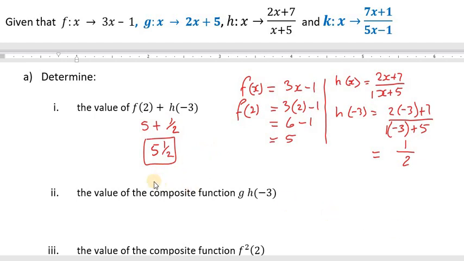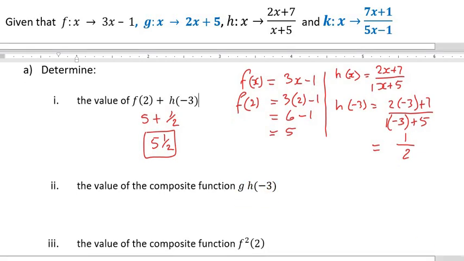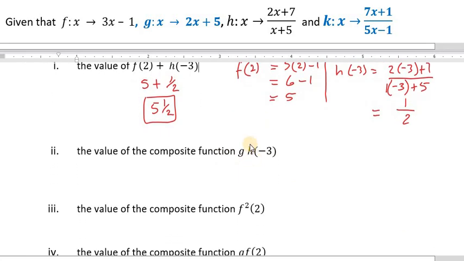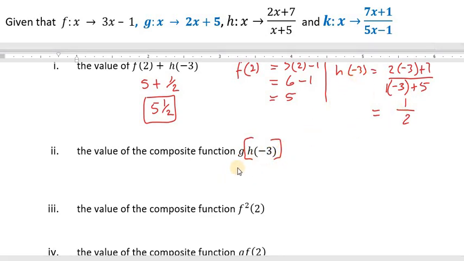Now we want to work out the value of the composite function g of h of negative 3. We will recall that we worked out this portion already, the h of negative 3, and h of negative 3 is a half. So what we're really working out is g of what?